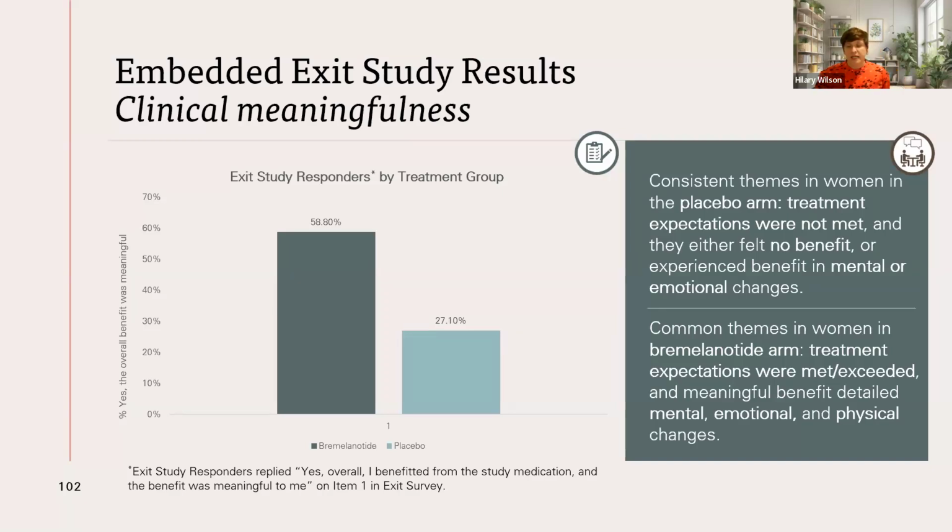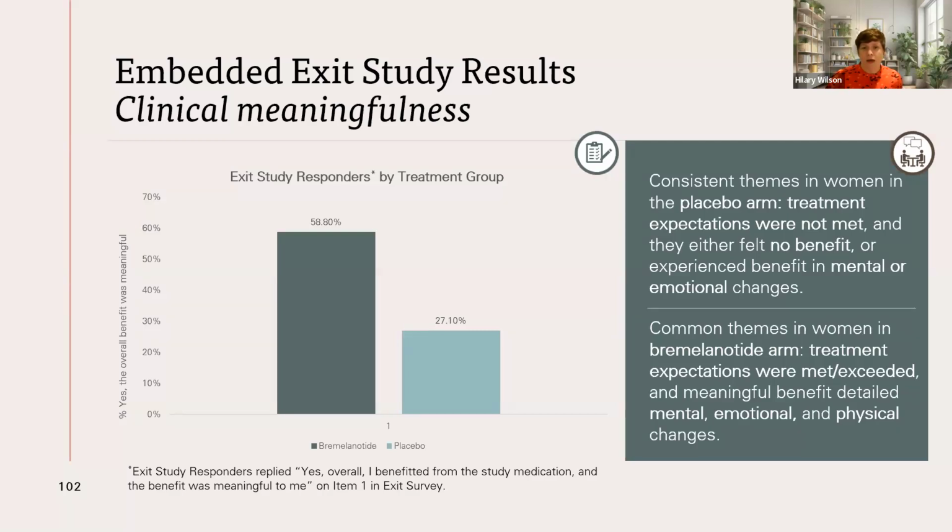In fact, when you looked at the women in the placebo arm, they described either no benefit, no satisfaction with treatment, or they described a response, but it was limited to mental or psychological benefits, whereas women in the bremelanotide arm mentioned or used qualifiers that were much stronger around the mental and psychological benefit, and also described physical benefit as well.